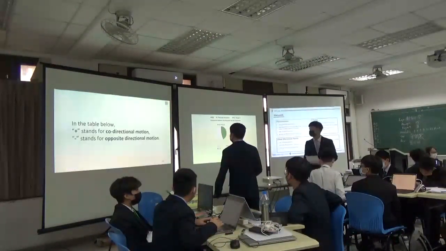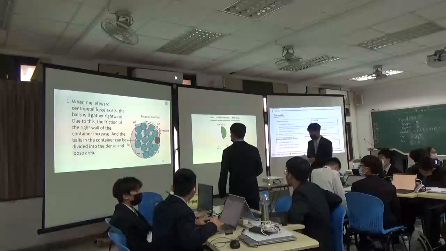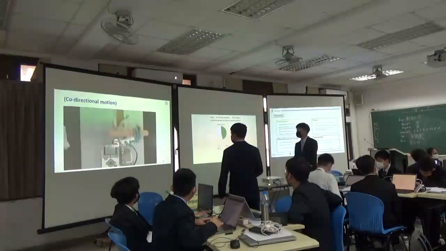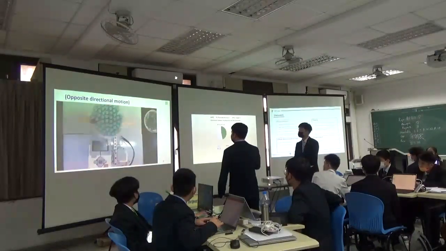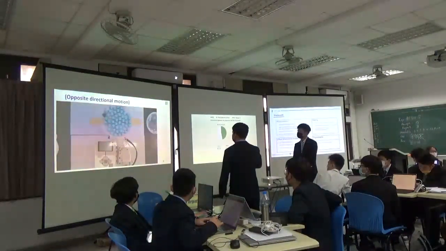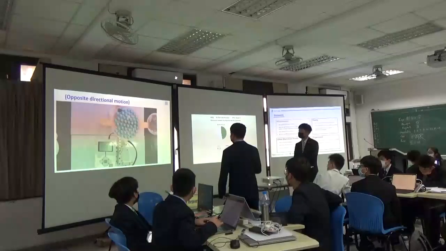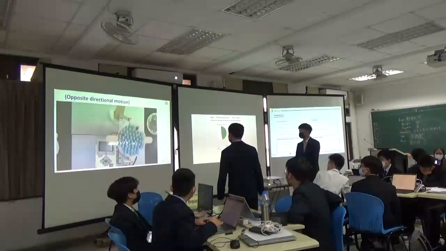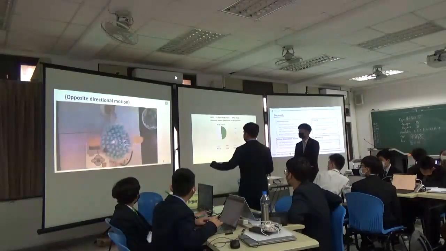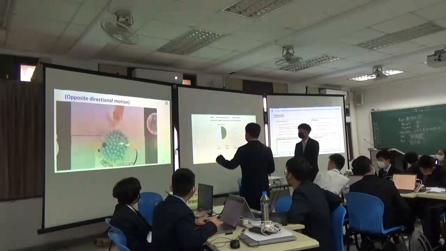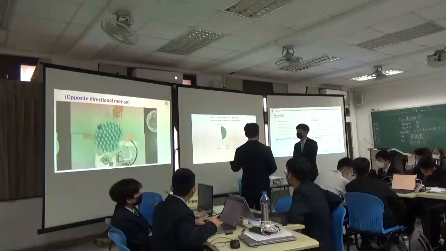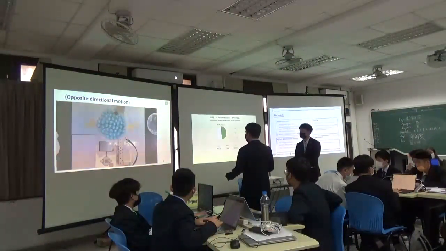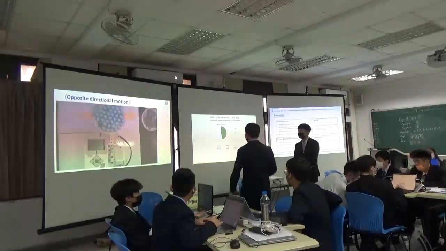Yes. In this video, we can see the black ball does the opposite directional motion, and if the container's angular velocity is increased, the black ball will rotate faster.